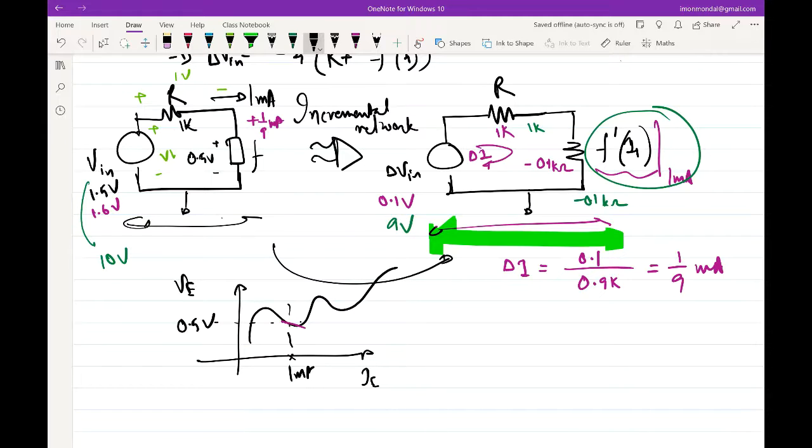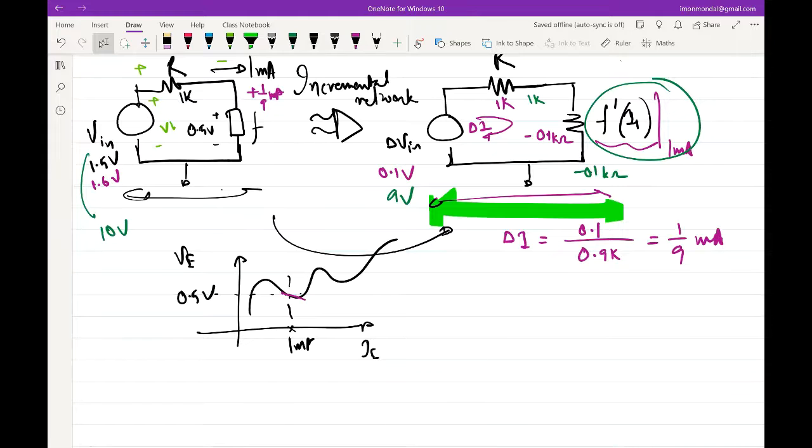So now this gives us a framework to figure out increments around a known IV point, and this known IV point is called the operating point or quiescent point. These are terms that are regularly used in these domains. We'll also be using this. So let me write out the definition also.